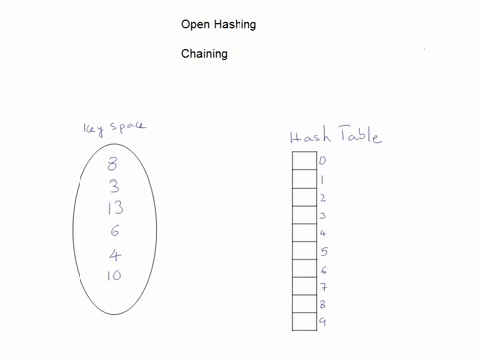First method for resolving collision is chaining. In this method, when we map any key using same hash function, it will be mapped at 8.